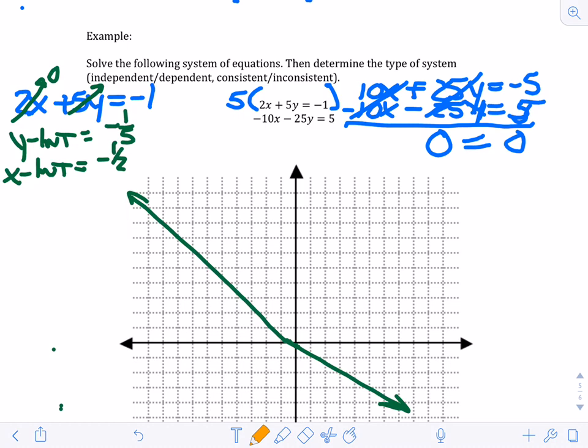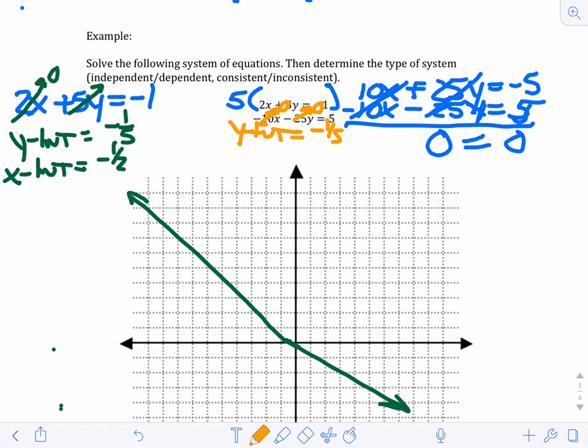Let's change color here and let's see what we can get when we plot our other one. If we let x equal 0, our y-intercept is going to equal negative 1/5. Well, that's kind of weird. That's the same one. Let's find our x-intercept.